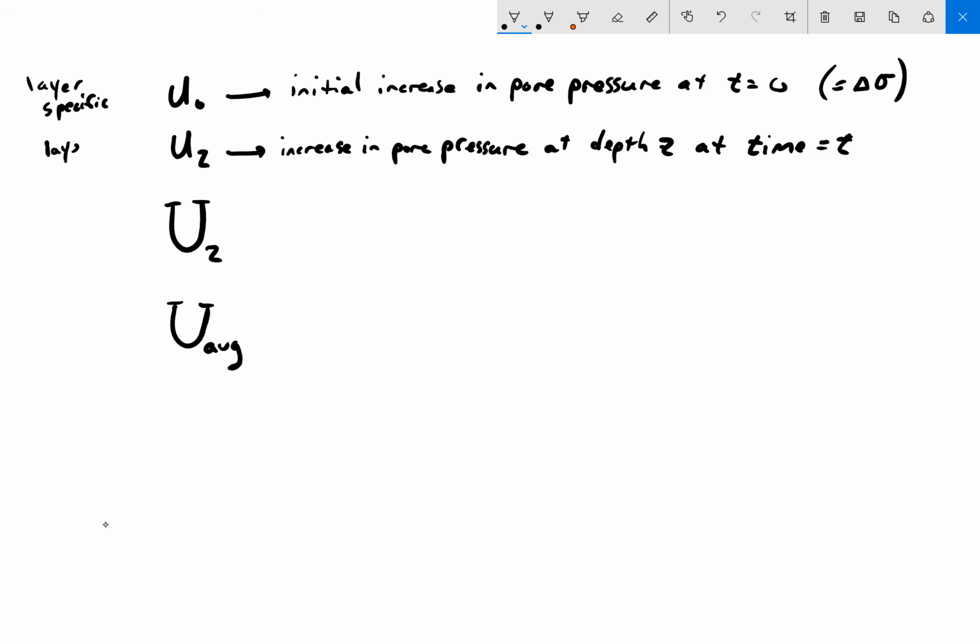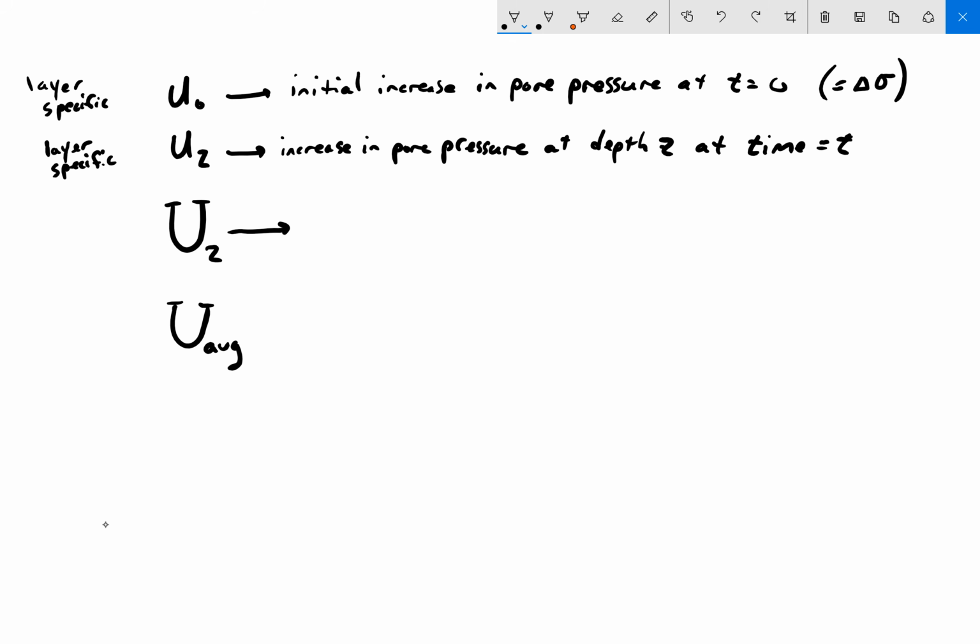And again, this is layer specific. So U sub Z is going to be anything less than U naught. So U sub Z started out at U naught at time equals 0, and then it starts going down from there. Eventually, U sub Z is going to approach 0 at time equals infinity.